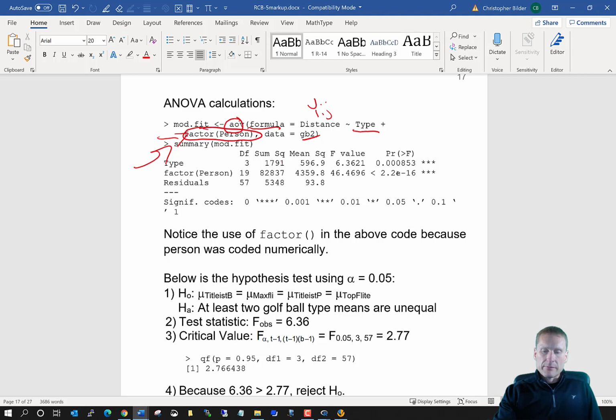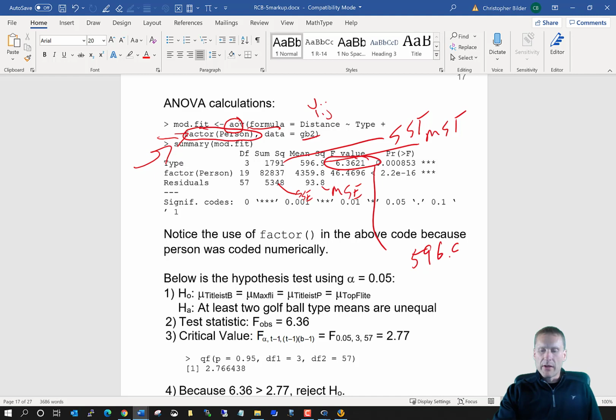So for example, here is SSE, here is MSE, and let's see, oops, excuse me, I mislabeled that. Let me try that again. Here is SSE, here's MSE, here's SST, MST, and this F, 6.36, comes from taking 596.9 divided by 93.8.